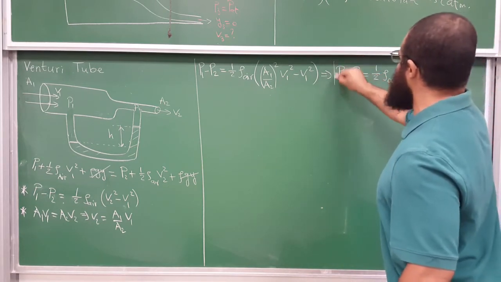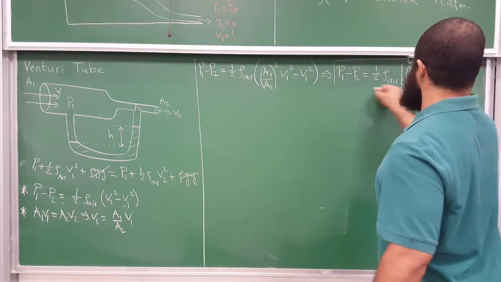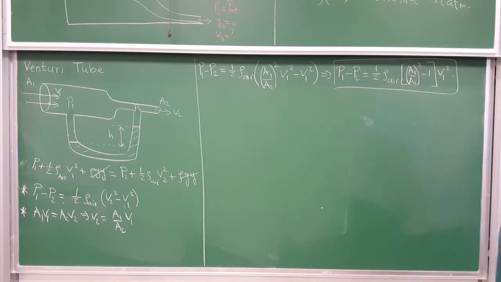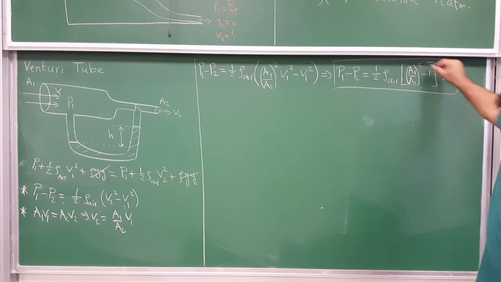All right, so let's put a box around this. So now the only thing undesirable here is I have the V1. These are measurable, but these two, I don't know what they are.